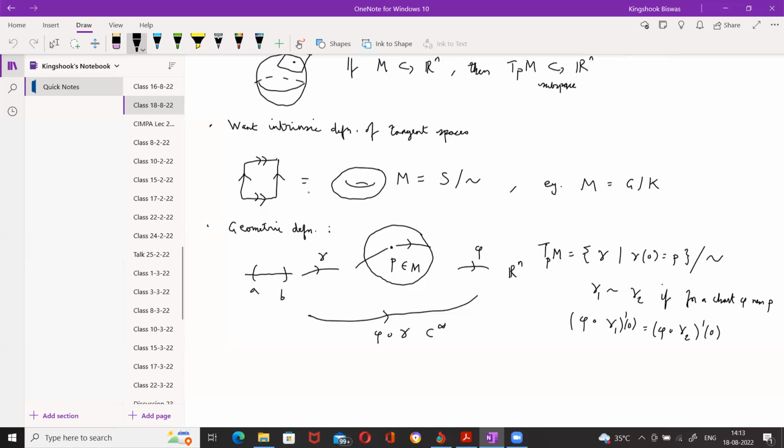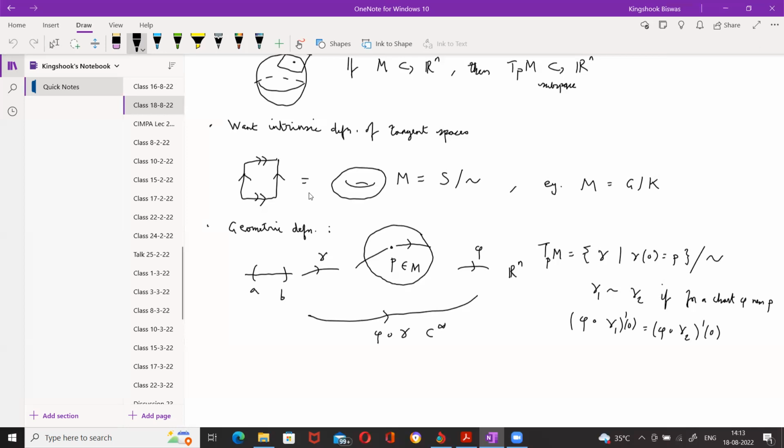That is not clear either. It's not hard to show, but you have to think about it a bit to see how you can make this a vector space of dimension n. But anyway, this is not the definition we're going to take.